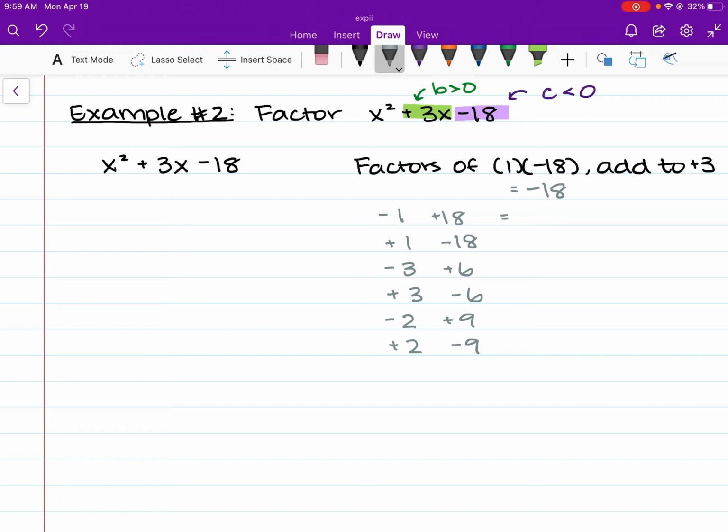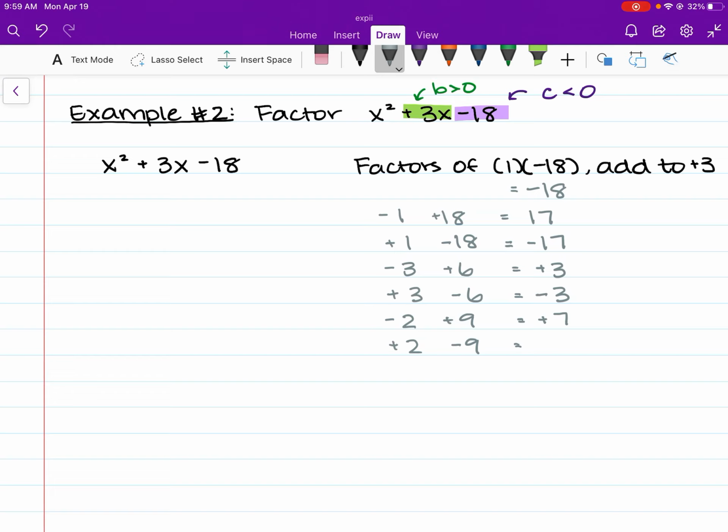So negative 1 plus 18 is 17. Positive 1 minus 18 is negative 17. Negative 3 plus 6 is positive 3. Positive 3 minus 6 is negative 3. Negative 2 plus 9 is positive 7.